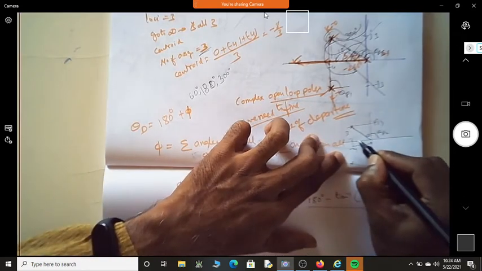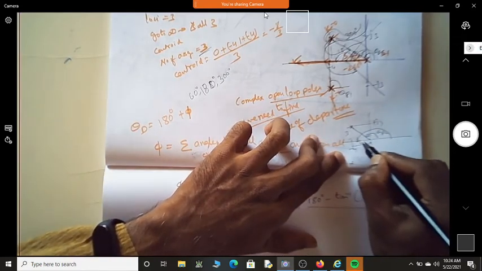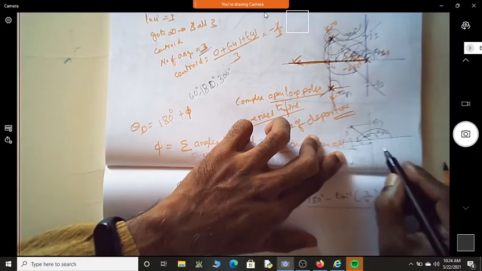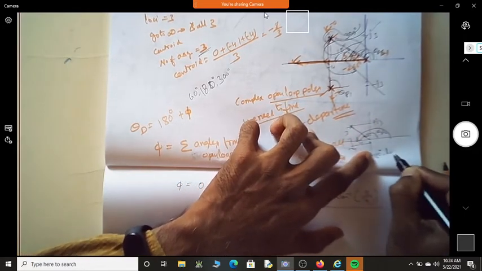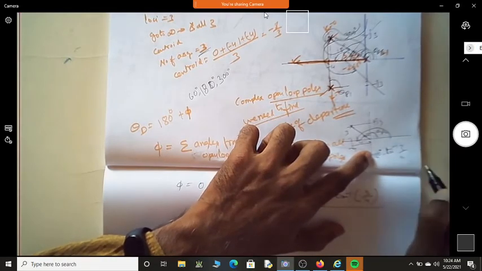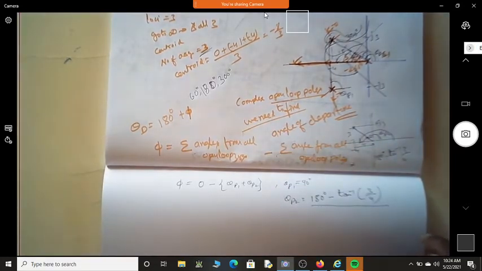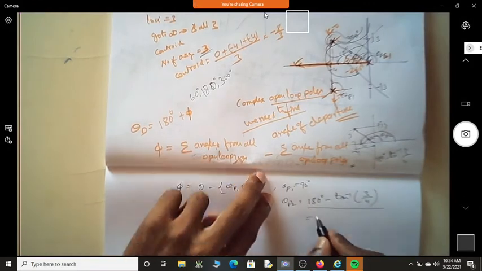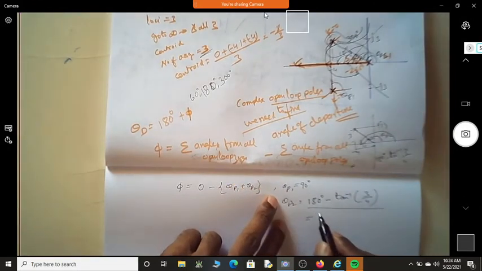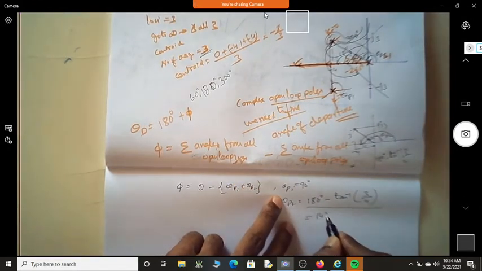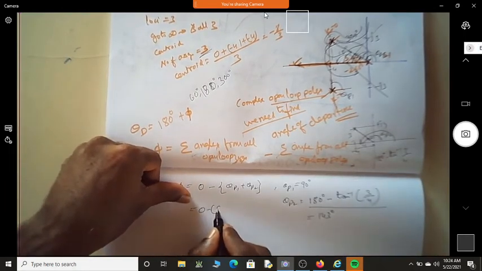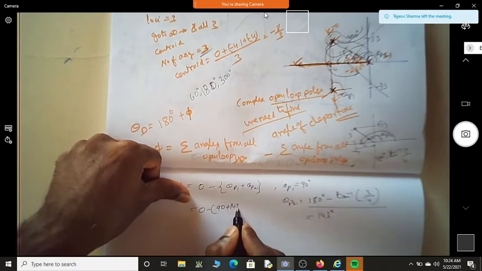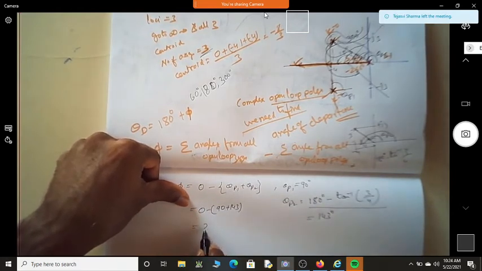Is this theta P2 180 degree minus this angle? Tan inverse of, is it not 3 by 4, opposite by adjacent? So how much is this now? 143 degrees. So shall I write it as 0 minus of 90 plus 143? Is it actually 233 degree minus?